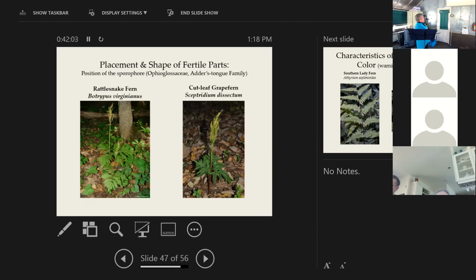The cut-leaf grape fern comes up later in the year, sometimes after the rattlesnake fern has died back. It has thick, leathery leaves, and the sporophore comes from the ground or at the base of the ground. So you've got 2 separate stalks, unlike this one. Cut-leaf grape fern can vary drastically in how cut the leaves are, how dissected they are.